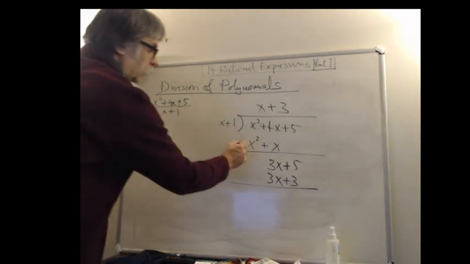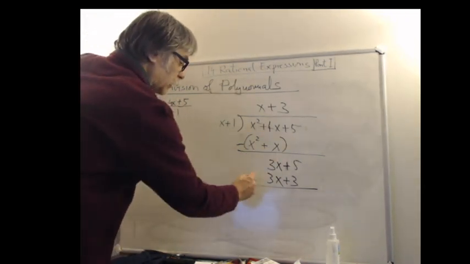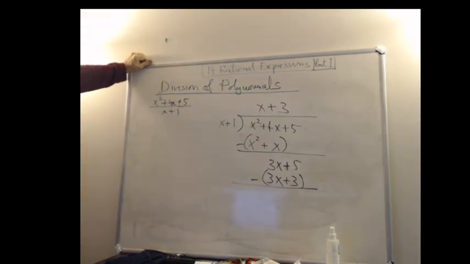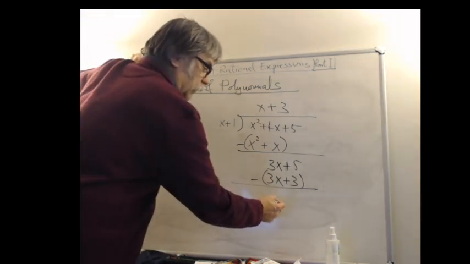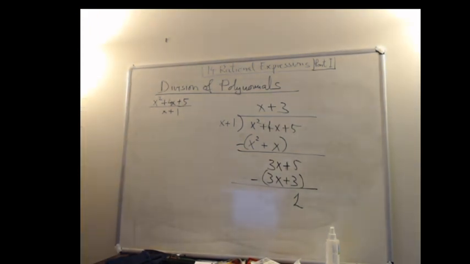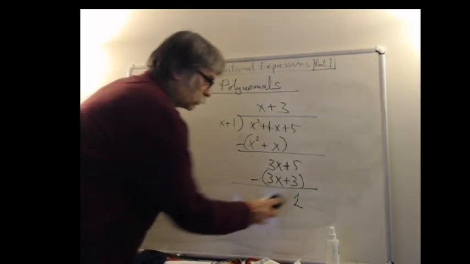You can write it like that, with parentheses. You really do have to write like that, because if you don't write the parentheses, you're going to be subtracting only 3x. That's a big problem. You have to subtract all of it. So 3x minus 3x is nothing. 5 minus 3 is 2. It's not 1, it's 2.